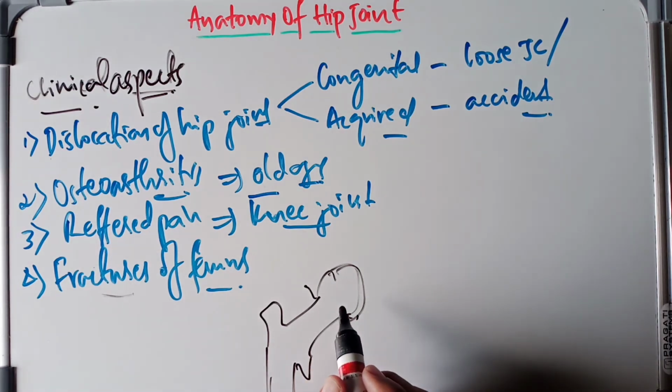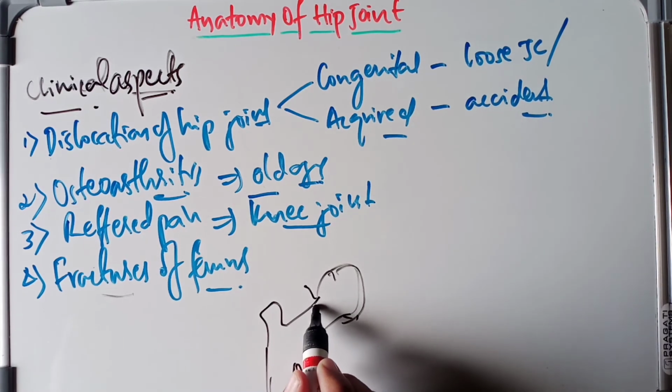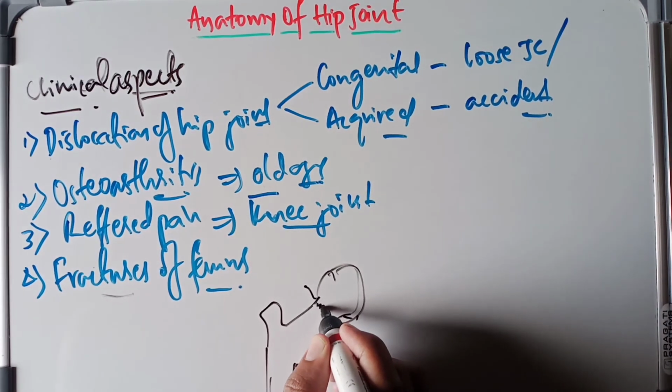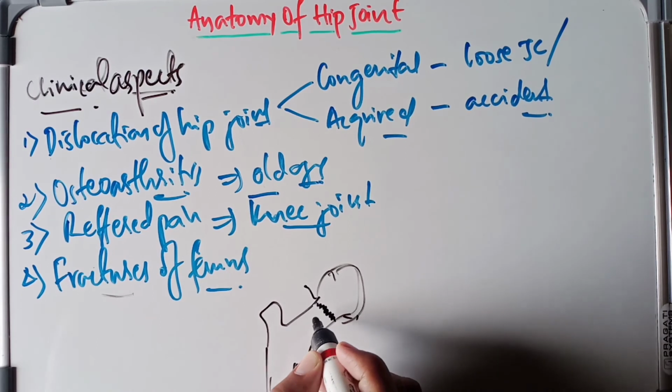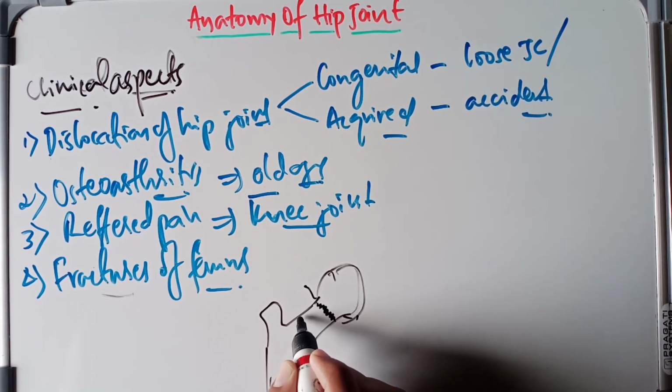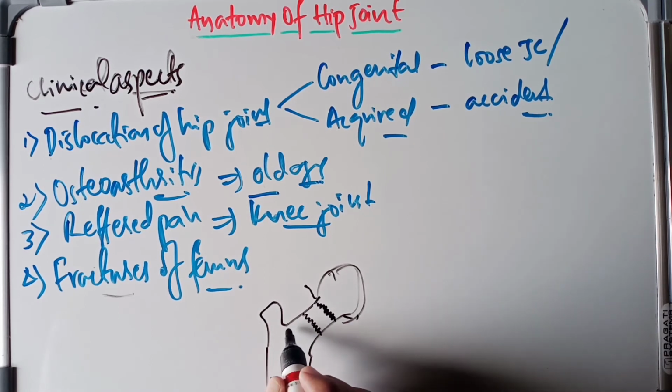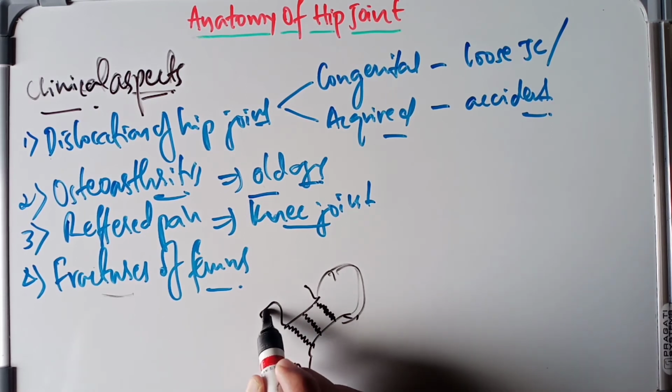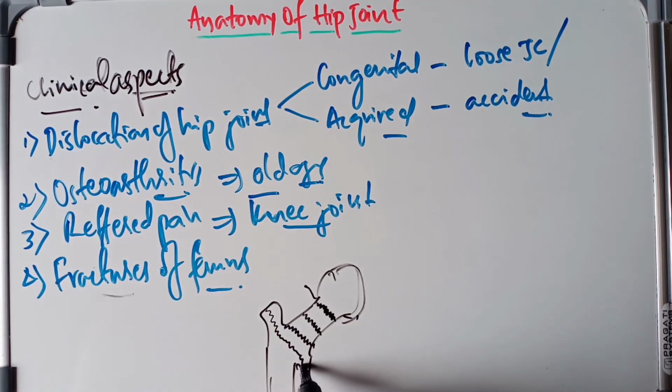When the fracture is just near the head of the femur, it is called the subcapital fracture. When it is a little distal to it, it is called the cervical fracture. A little distal again, it is called the basal fracture. And finally, when it is on the trochanter, it is called the pertrochanteric fracture.